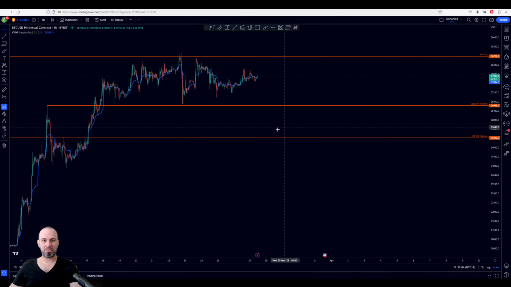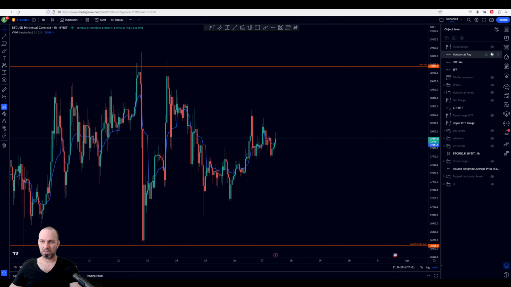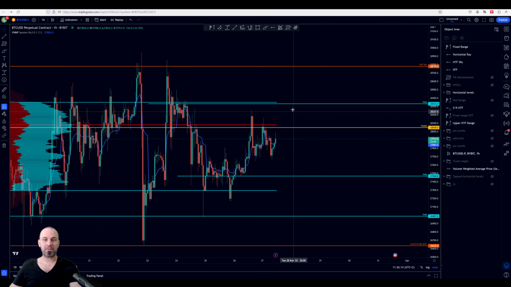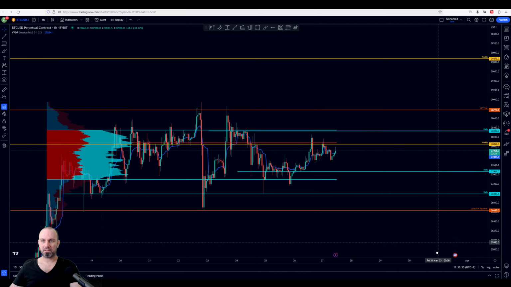In between this range, obviously we could use the fixed range, we could use the horizontal levels, but that would be for scalps or a possible day trade. But other than that, pay attention to value area low here, pay attention to this local SNR flip level, and pay attention to this one.